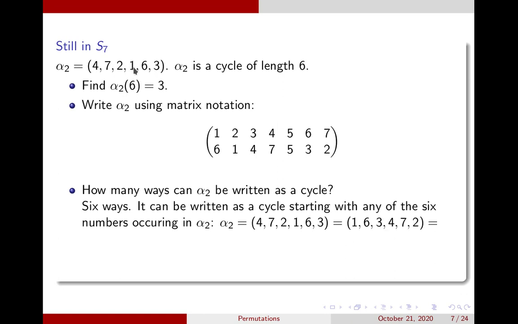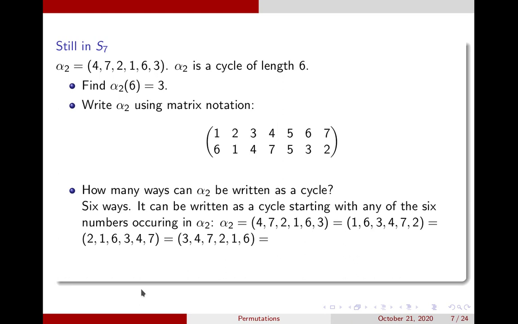Right, according to the original cycle, 1 is sent to 6, 6 to 3, 3 to 4, 4 to 7, 7 to 2, and 2 to 1. So we put the numbers in the order I just mentioned in a cycle starting with 1, and we get a second way of writing that same cycle.